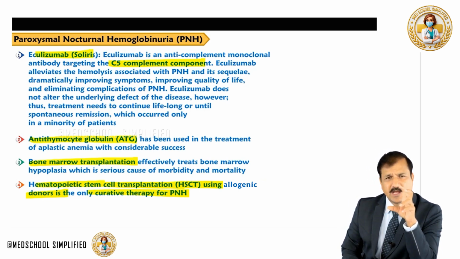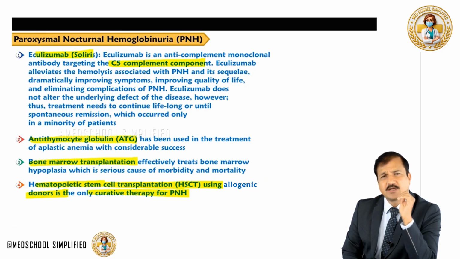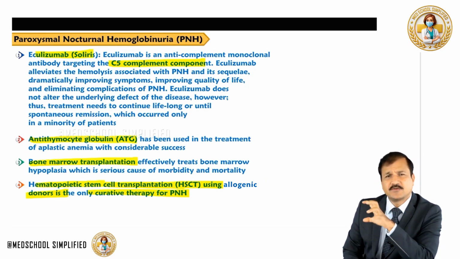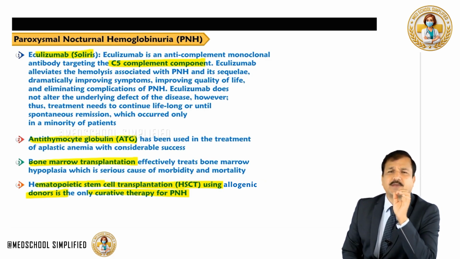Use of eculizumab, it improves the quality of life by alleviating the signs and symptoms. Anti-thymocyte globulin will take care of aplastic anemia, which is part of the presentation of paroxysmal nocturnal hemoglobinuria because of bone marrow involvement. And hematopoietic stem cell transplantation using allogenic donors is the cure for PNH.